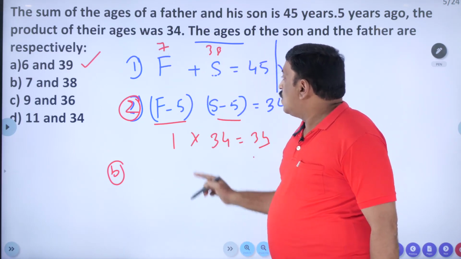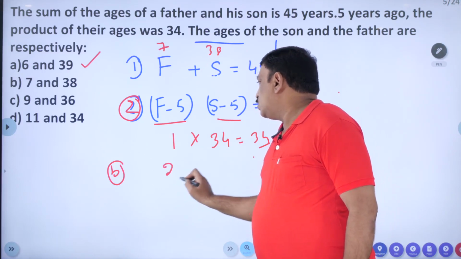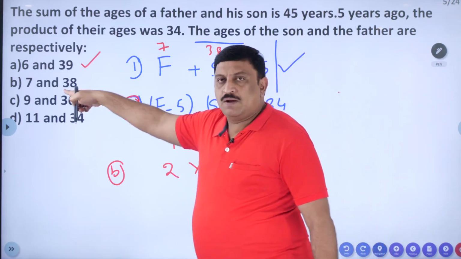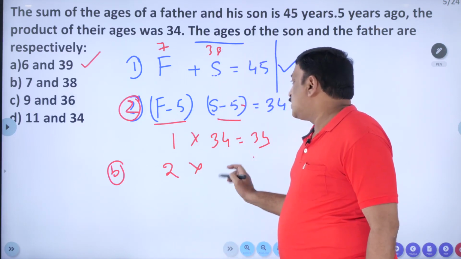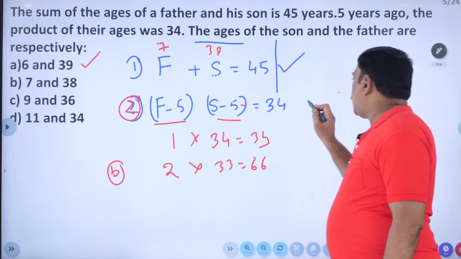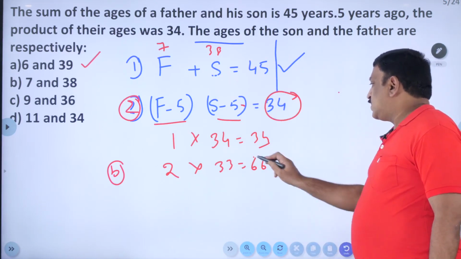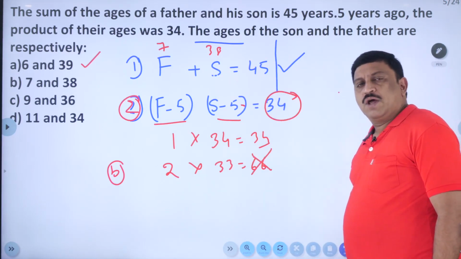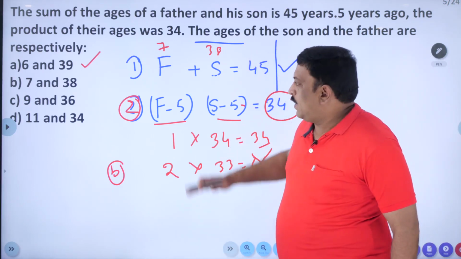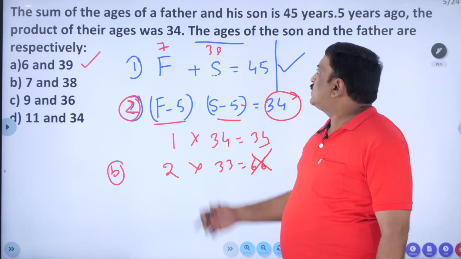So 7 minus 5 is 2, and 38 minus 5 is 33. So the product is 66. But your answer should be 34. Since it is not, you can remove the wrong option. In this way, you can try and get the answers easily.